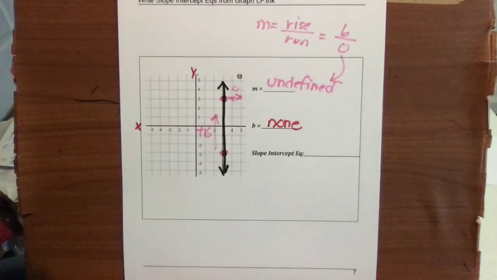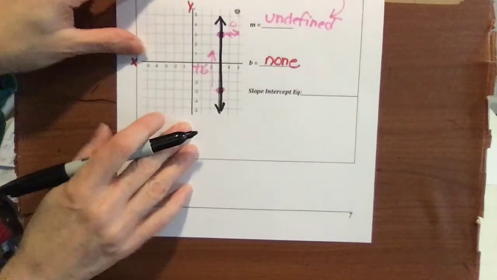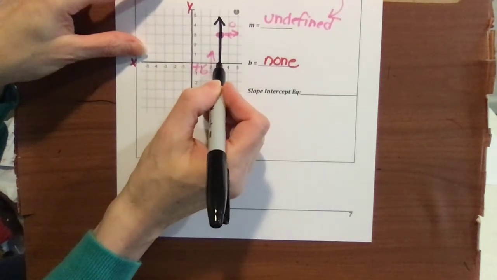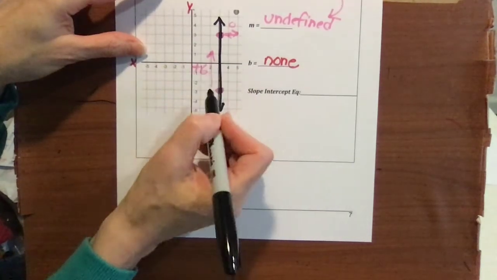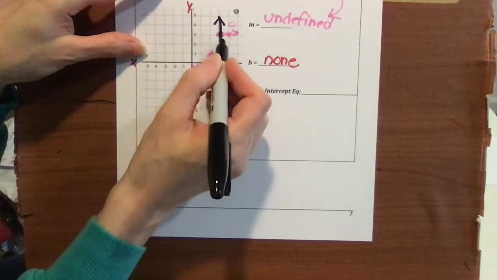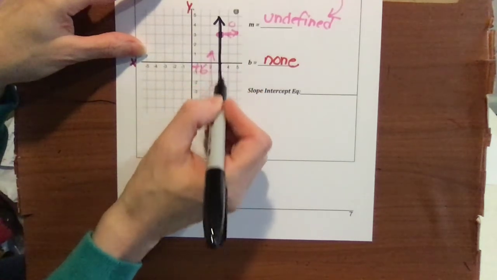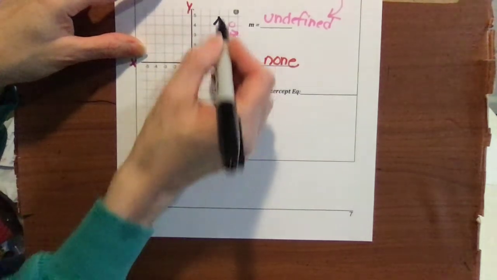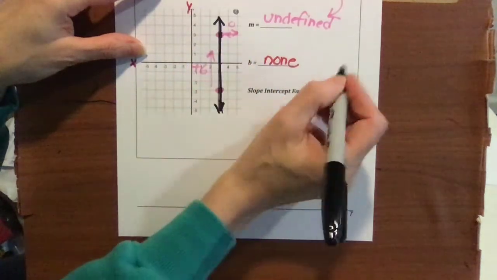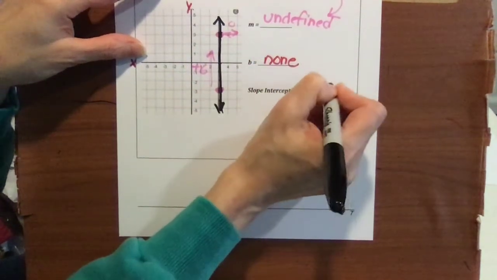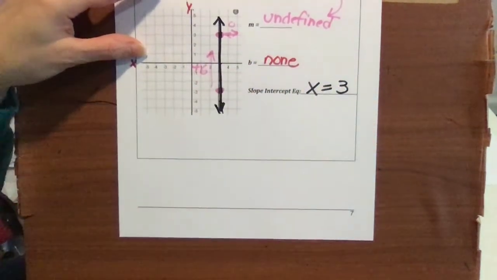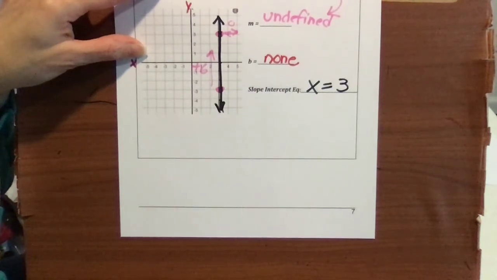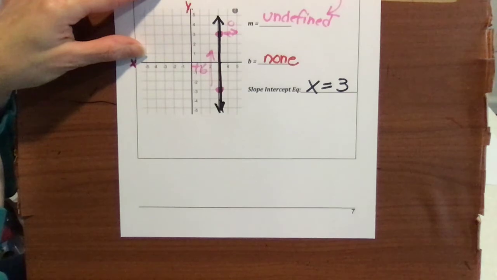And everywhere on this line, where you look, you're always going 3 to the right, and you're staying at 0, you're going 3 to the right, you're going up to 3, you go 3 to the right, you're going down to -4. So what you notice is that your x is always 3. So in this case, we don't have the slope-intercept equation that we would typically have as y equals mx plus b.